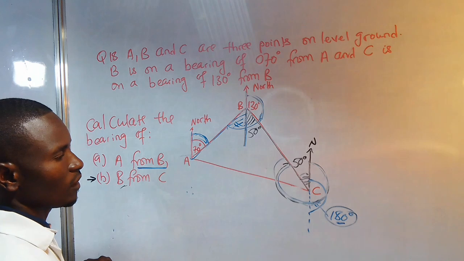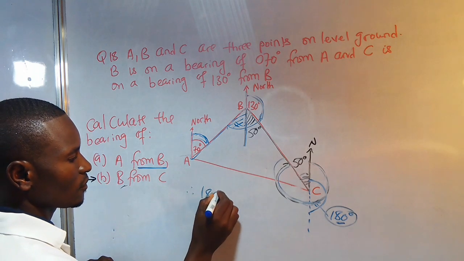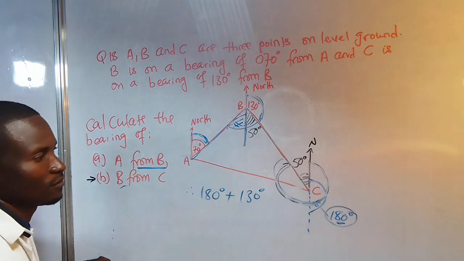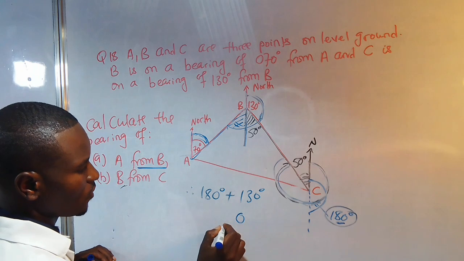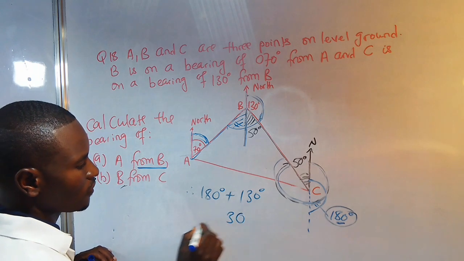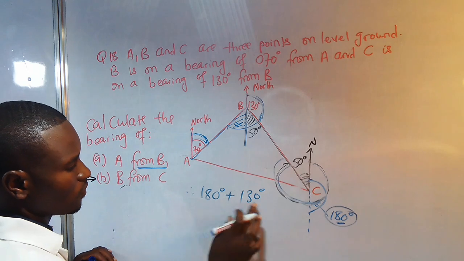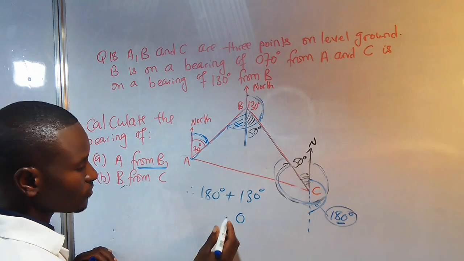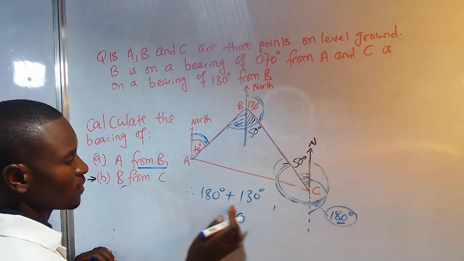So we say 180 degrees plus 130 degrees. What do you get? 0, 3, then 8 plus 3 is 11, carry 1.